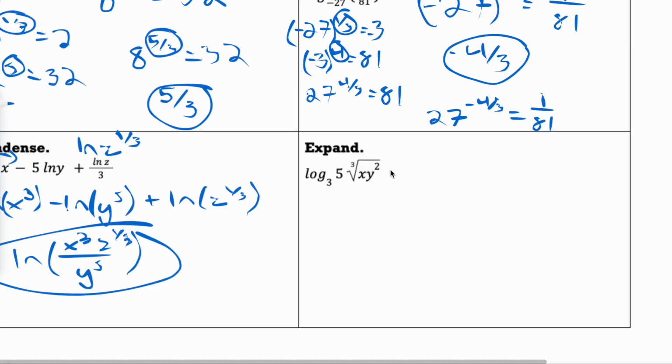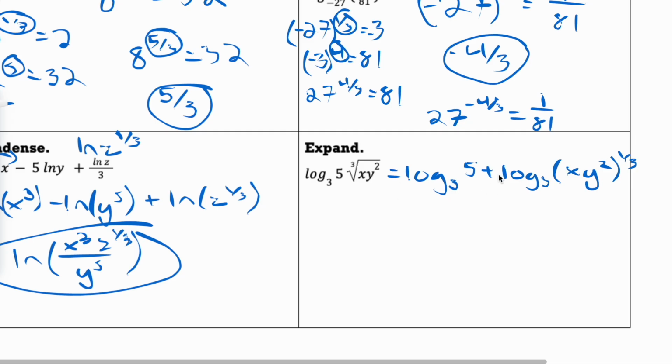So first thing I'm going to do is, since we're multiplying, I'm going to get rid of that 5 by doing log base 3 of 5 plus log base 3 of the cube root, which actually I'm going to rewrite as xy squared to the 1/3 power.